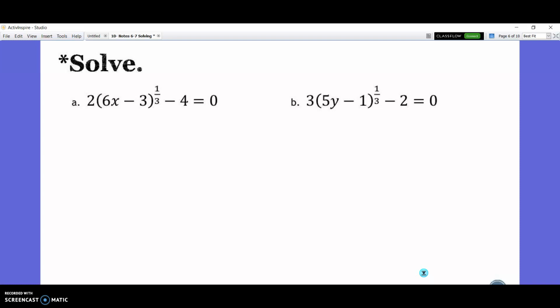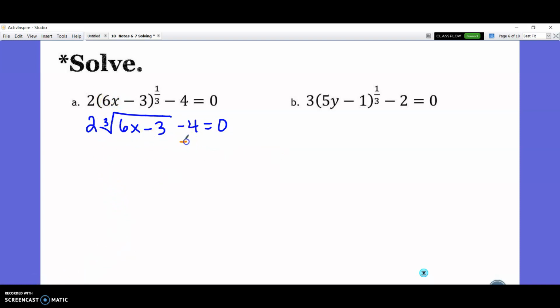Now, even though these don't look like radicals, they are radicals. And every time you see a fraction as an exponent, that tells you it's a radical. So you can rewrite it if you want. You can rewrite this as 2 cube root of 6x minus 3 minus 4 equals 0, if that makes you more comfortable to isolate that radical.